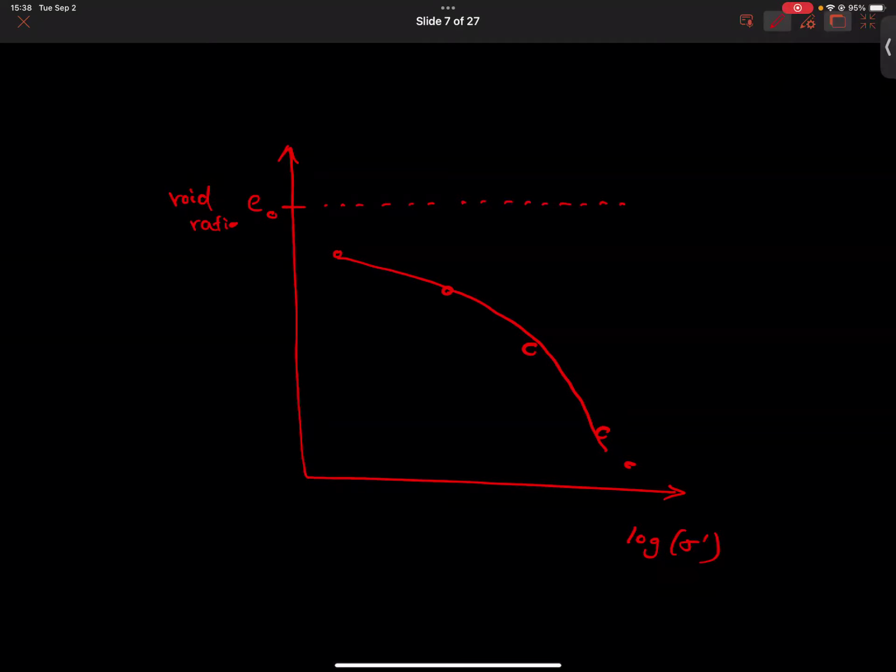And this is a big area where I see a lot of mistakes. Our initial void ratio is not the first point on here, because this first point has some type of loading applied to it, right? This is where our load is applied. And since this is a log scale, there's technically no 0 point here. So that's one of the reasons why you don't plot the initial void ratio.